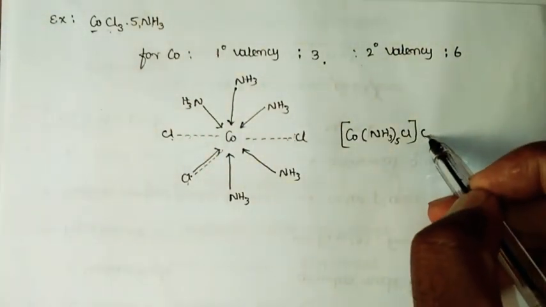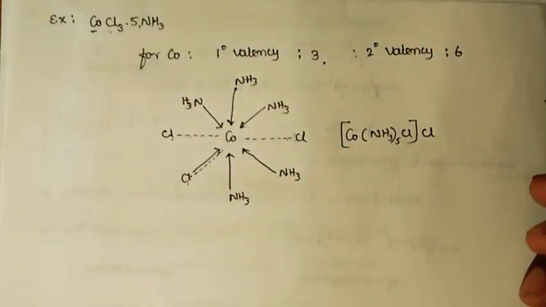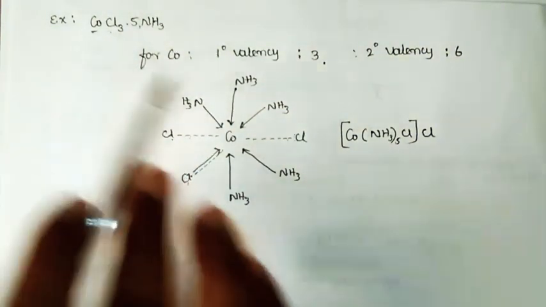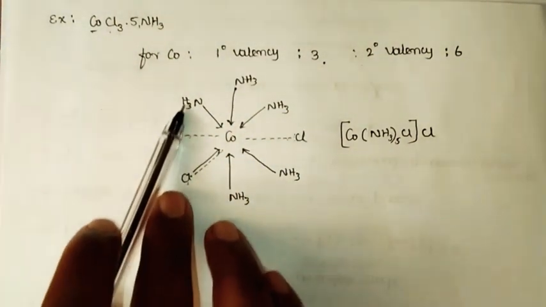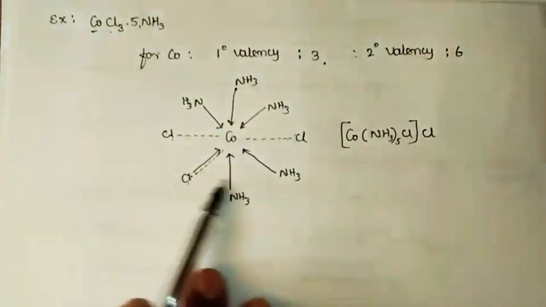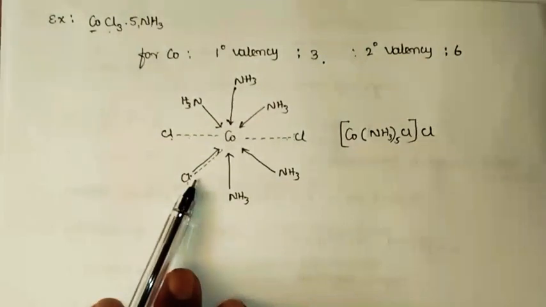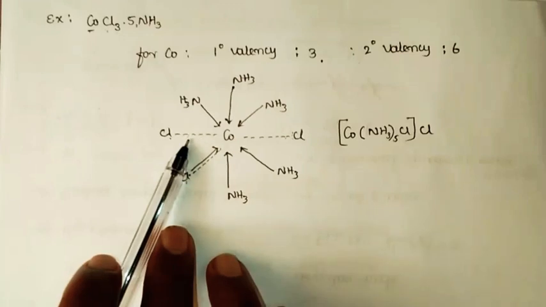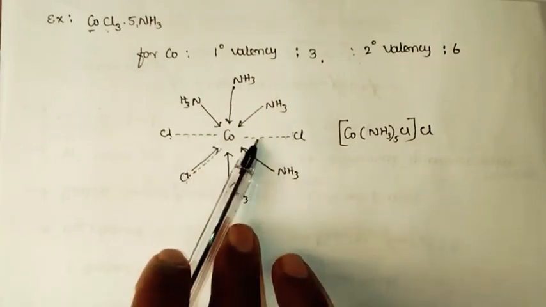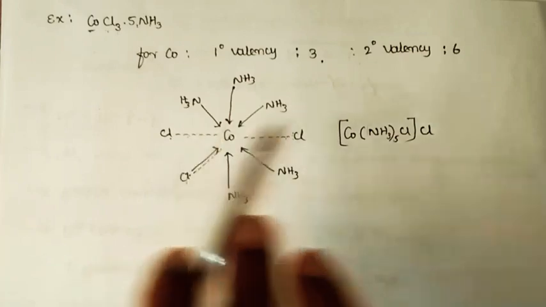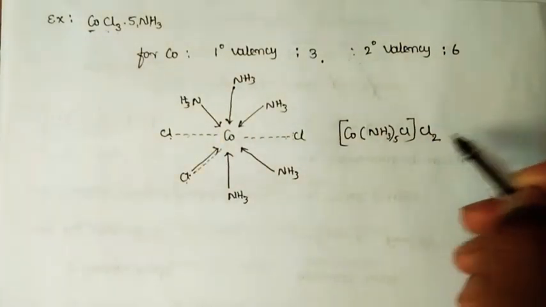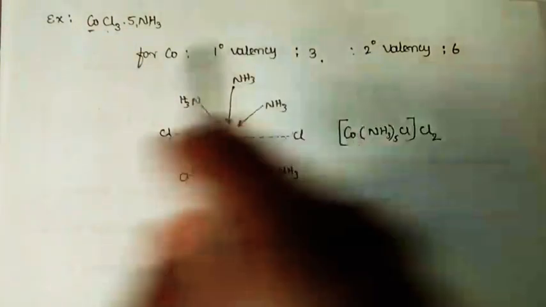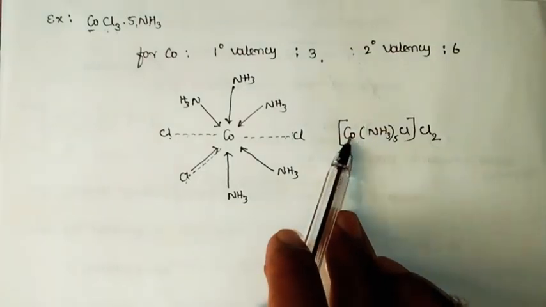Whichever constituents are present extra, other than the components that satisfy the secondary valency and indicate only primary valency, will be present outside the coordination sphere. So this is the complete formula for this complex compound of cobalt.